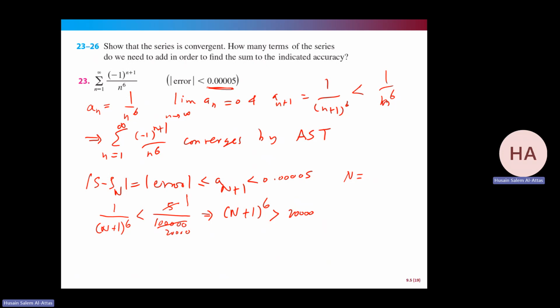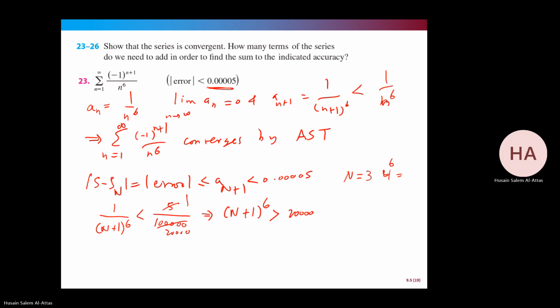Then you need to check 4 to the power 6. Yeah, not easy to do the calculation. 4 to the power 6 is 16 times 16 times 16.